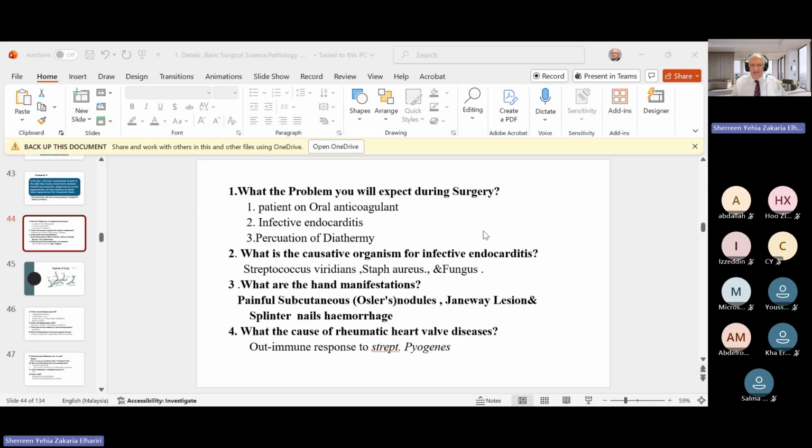Why does this staph or strep affect the heart, or sometimes the kidney? This is an autoimmune response, because the sequence of amino acids on some bacteria mimics the sequence of amino acids in the heart valve in some patients, or kidney tissue in other patients. So this is considered an autoimmune disease.